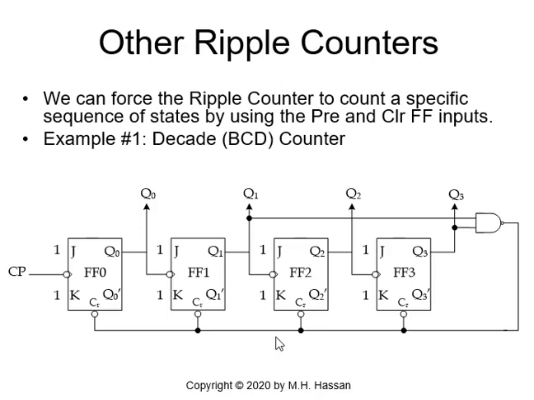For instance, in this example, to design a decade counter that counts from 0 to 9, once you hit 10, which is 1010, just take Q3 and Q1 to an AND gate to generate a 0 and clear all the flip-flops. So we go back to state 0, as simple as this. We use a 2-input NAND gate and take the output to the clear of every flip-flop to reset the counter to all zeros. This will generate a decade or binary coded decimal counter.